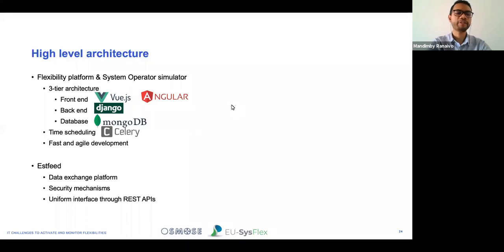I was talking about STFeed, which is a data exchange platform. One important feature offered by STFeed is the security mechanism. As we have seen in the previous presentation, it is a very important feature to consider. So thanks to STFeed, the security mechanisms regarding the data exchange, data encryption, and authentication are relieved from the developers of the systems, so that they can concentrate on the development.